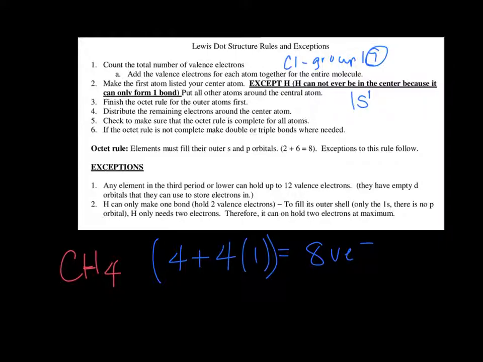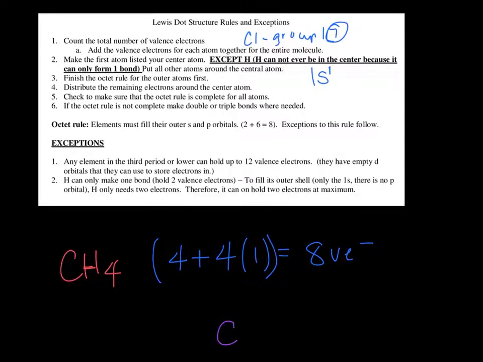All right. After we've done the first step, we're going to do number 2. We're going to put carbon in the middle of our molecule, and then we're going to put hydrogen around carbon and bond it in.